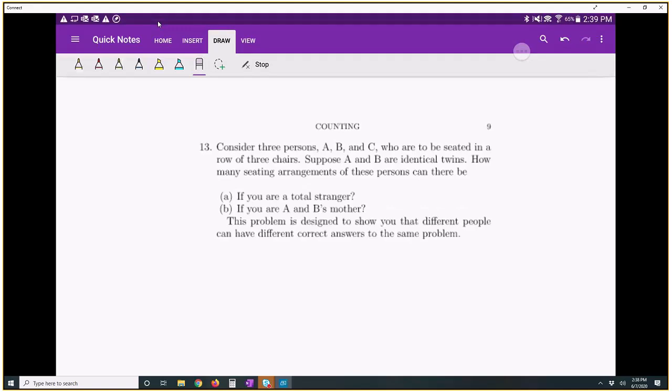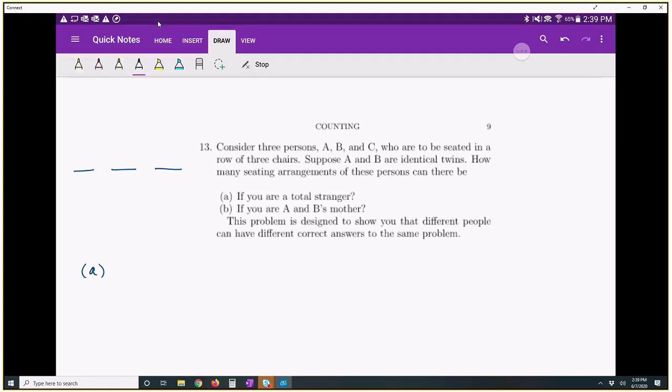Okay, now consider 3 persons, A, B, and C, who are to be seated in a row of 3 chairs. So let's draw my 3 chairs. It says, suppose that A and B are identical twins. How many seating arrangements of these persons can there be? A, if you're a total stranger, or B, if you're the twins' mother. So the idea here is whether or not we can tell the twins apart.